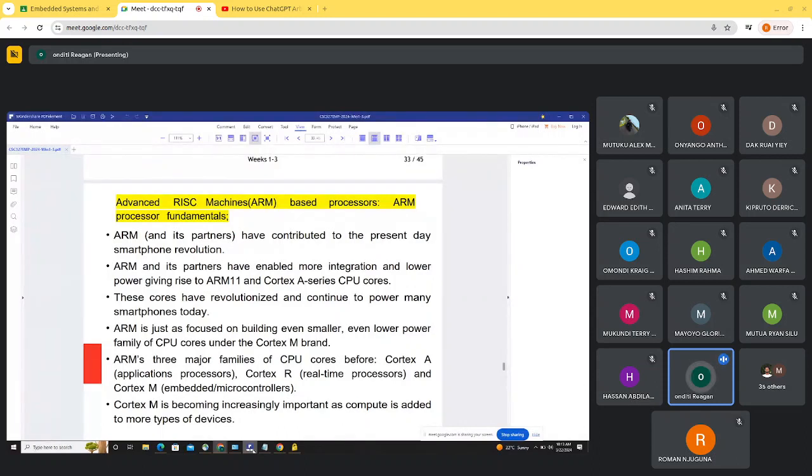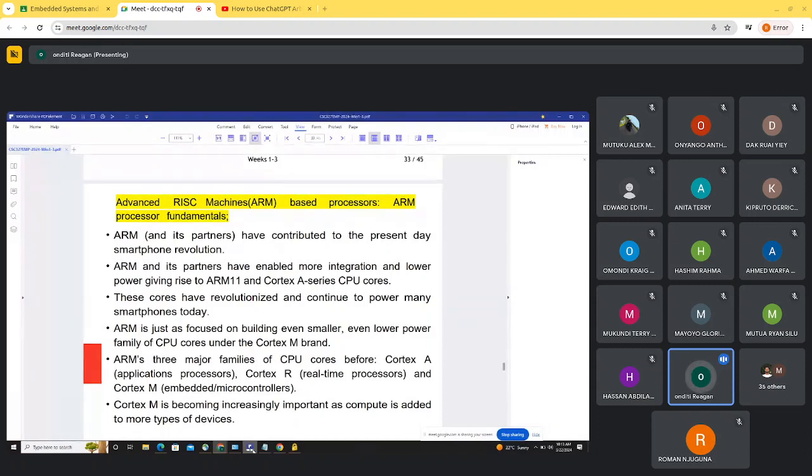As that grows, ARM is focusing on building ever smaller and even lower powered microprocessors under what we call the Cortex-M brand. As you saw when we were introducing, it is the ARM Cortex-M brand, so basically one family manufactures this type of processor.